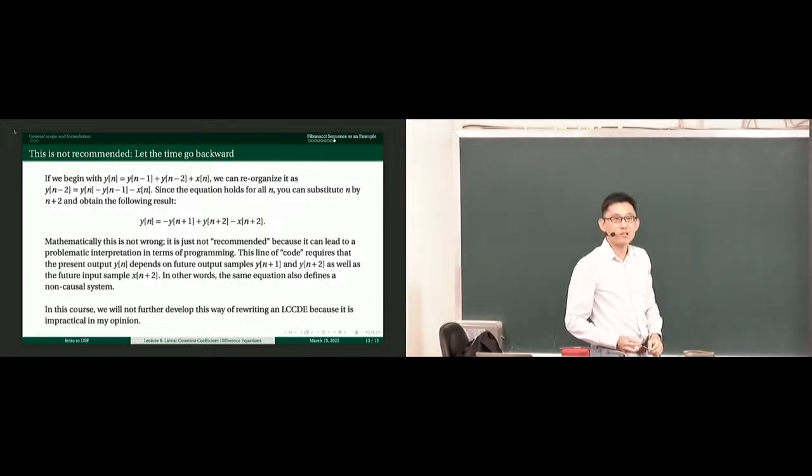But if you are talking about the time index in a file which you have already stored in your computer, and you load it and want to process it, then time can go backward. You can even play a sound file backward. So unless we're talking about post-processing a file, then maybe you want this interpretation.